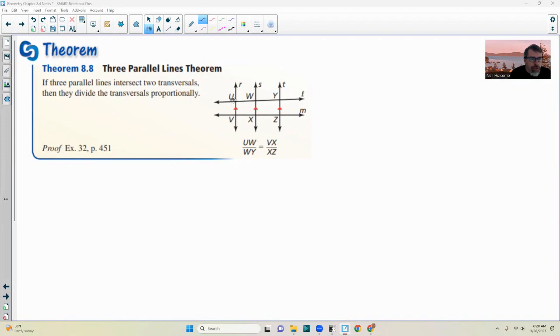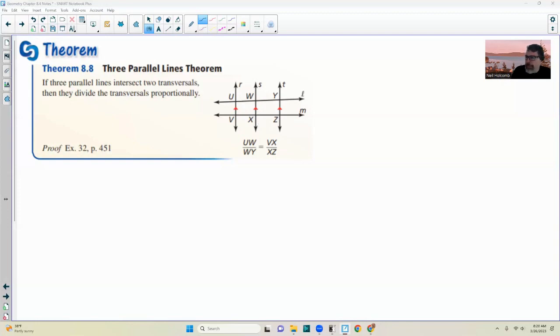So in other words, UW is to WY as VX is to XZ. Okay, so if three lines are parallel going through two transversals, then the segments between the parallel lines are proportional.